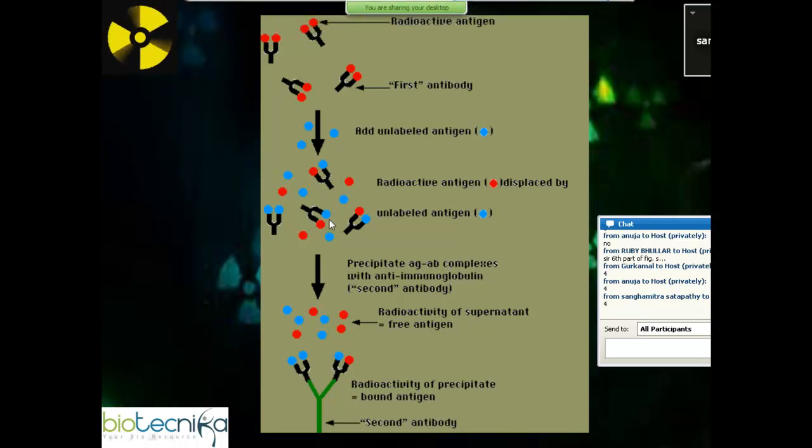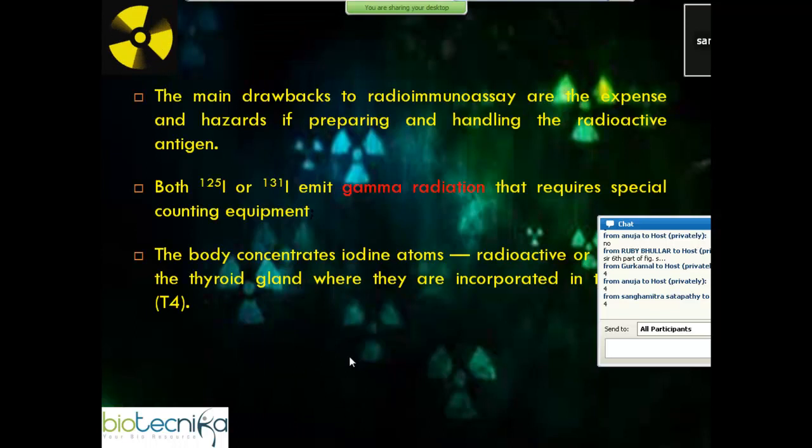If there is very little or no insulin in the sample, there will not be any replacement by unlabeled antigen. So the intensity of the radiolabeled antibody at the end is inversely related to the amount of antigen present in the sample. Understood? Any doubt? This is just like your ELISA, I can say a competitive ELISA. This is your basic principle of RIA.